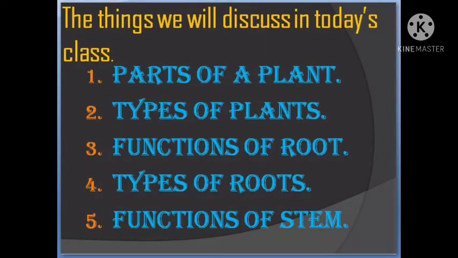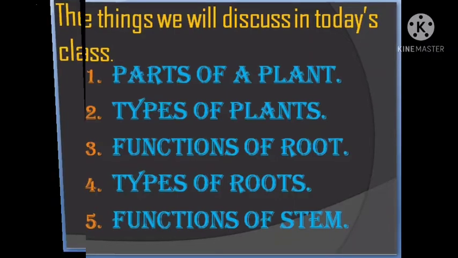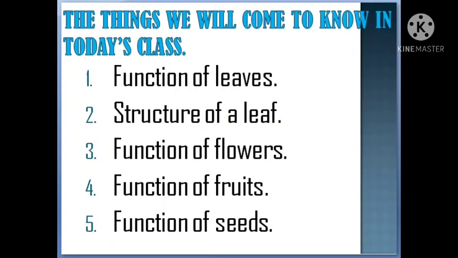The things we will discuss in today's class: parts of a plant, types of plants, functions of root, types of roots, functions of stem, function of leaves, structure of a leaf, function of flowers, function of fruit, and function of seeds.